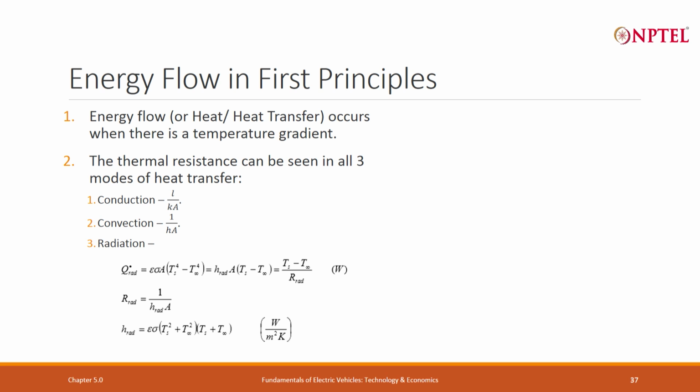And conduction generally happens when there is a continuous medium like a solid. Even in fluid, even in liquid it happens. So, it is the temperature gradient within the same body.